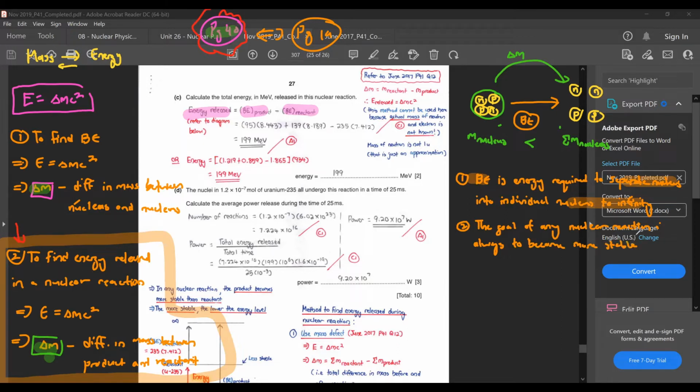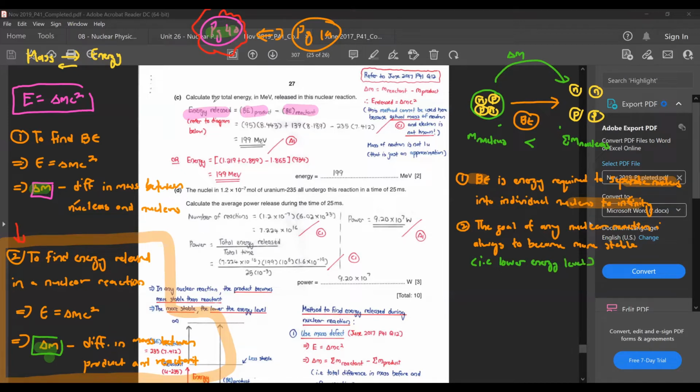Now, when something is more stable, you learn in chemistry, that means you are at a lower energy level. When something is less stable, it's at a higher energy level. But when something is more stable, it is at a lower energy level.